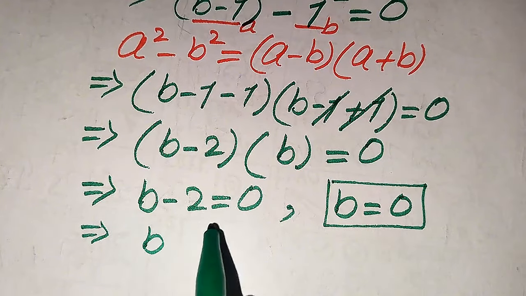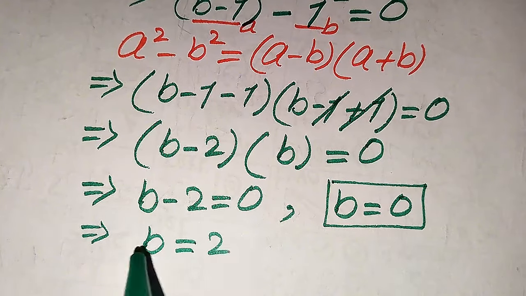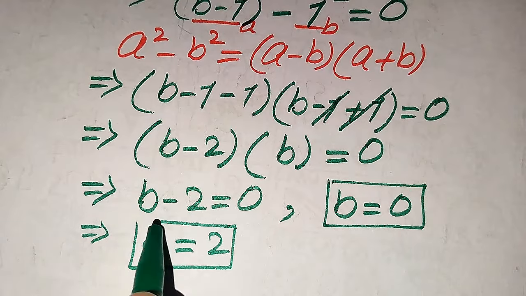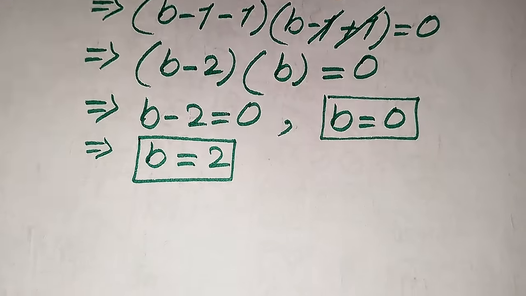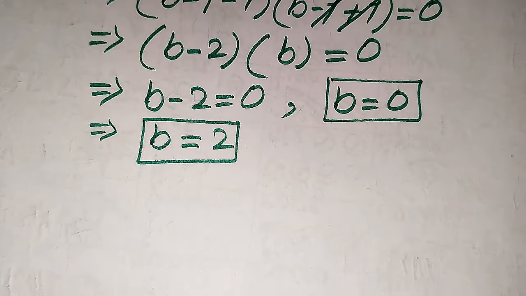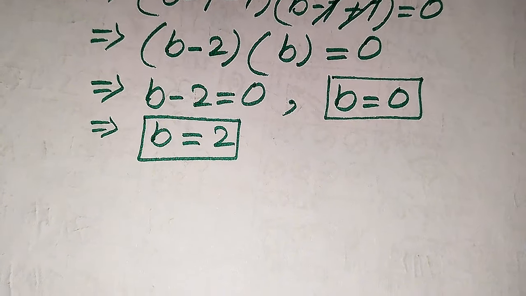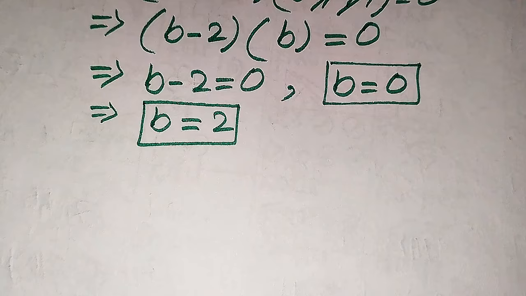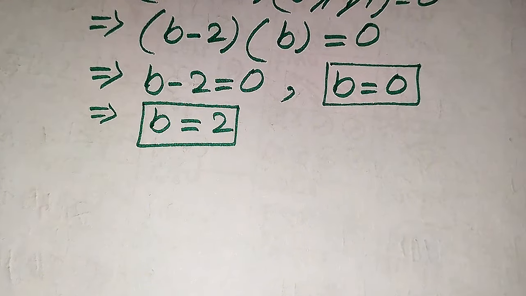So we move this minus 2 to the right hand side, and it becomes plus 2. So this is the second value of b, and further in the next step, we need to verify whether both of these two roots are solutions, or whether they are extraneous roots. Further at the end, I will explain the term extraneous root.